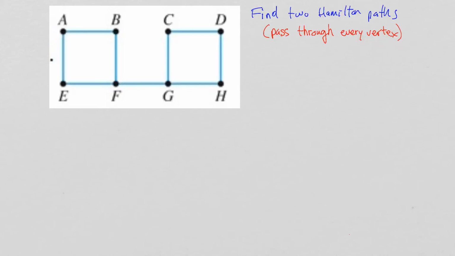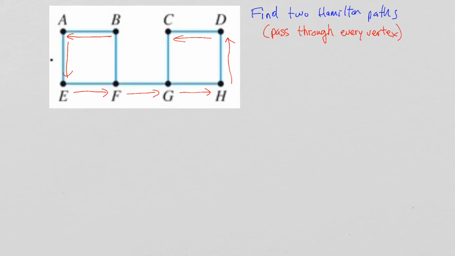So we can start at B, and we can go to A, then E, and then F, G, H, D, and C. We're not going to go down to G because we have already passed through G. We've already visited that spot, so we're not going to do that again. You can only do it once in a path. For the circuit, you'll be able to come back to where you came from, but that's the only one you can repeat.